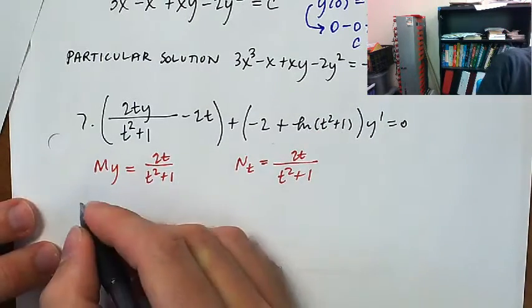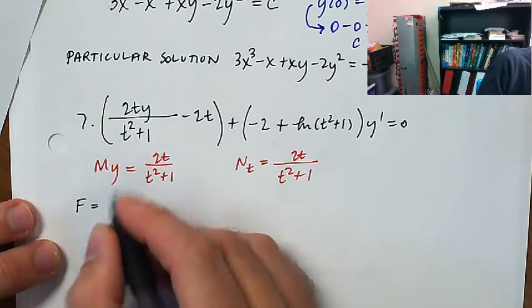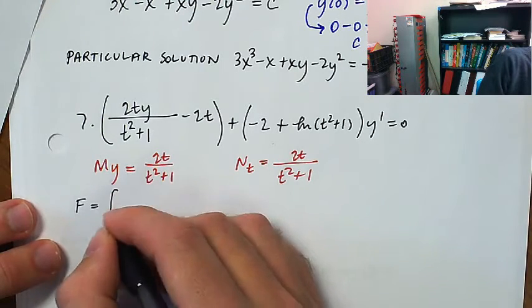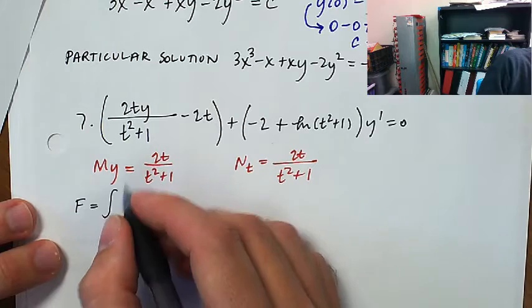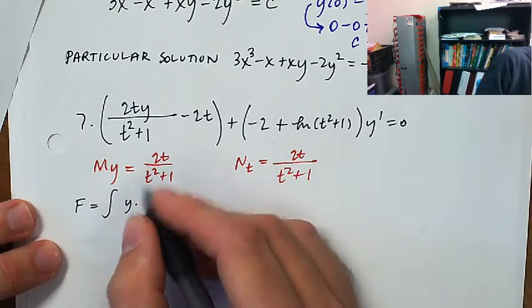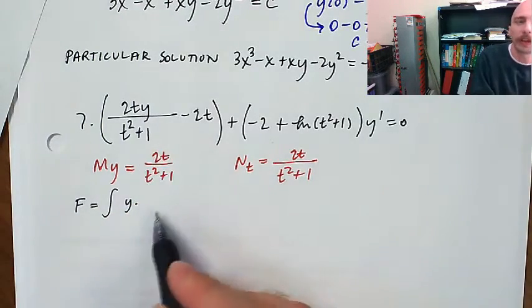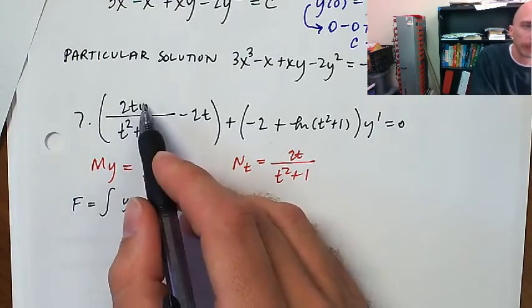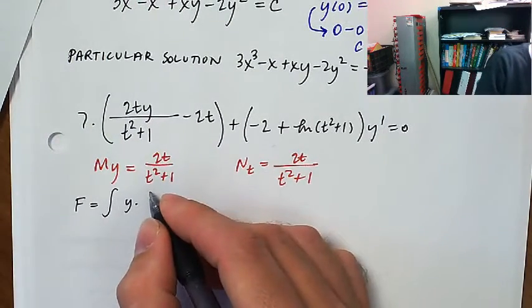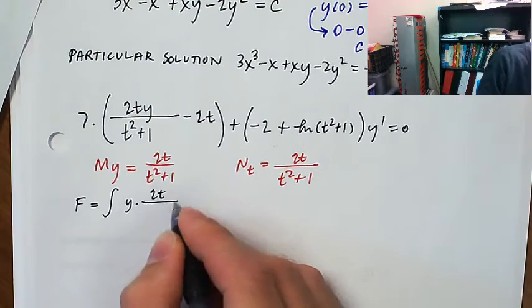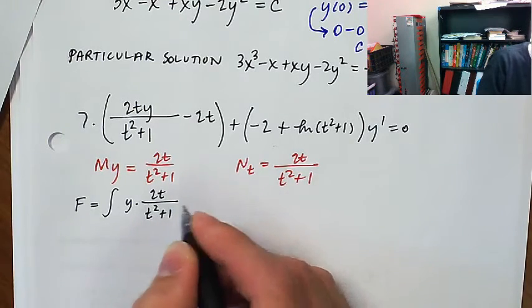Okay, so I know that the general solution, or the f, is going to be an antiderivative for, okay, y is a constant with respect to t, and I know I'm going to be integrating dt here. So I'm going to actually factor out this y right here so that it's 2t over t squared plus 1.